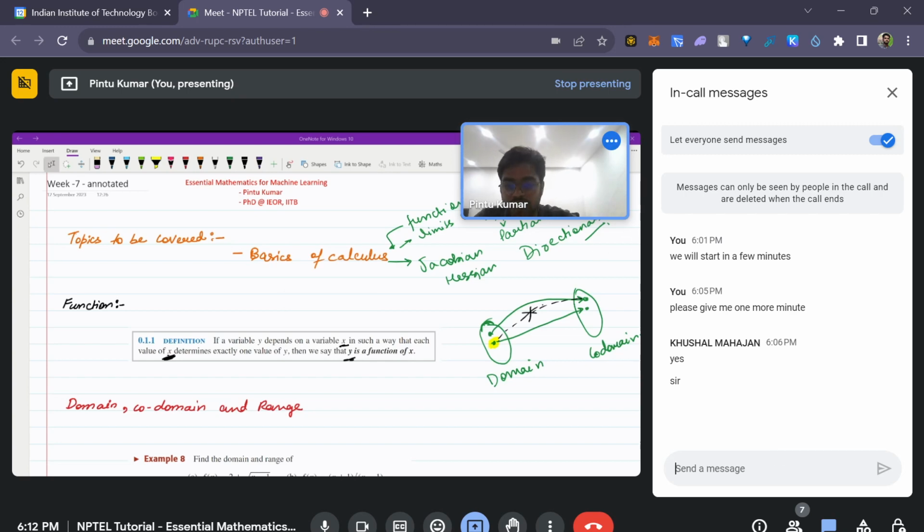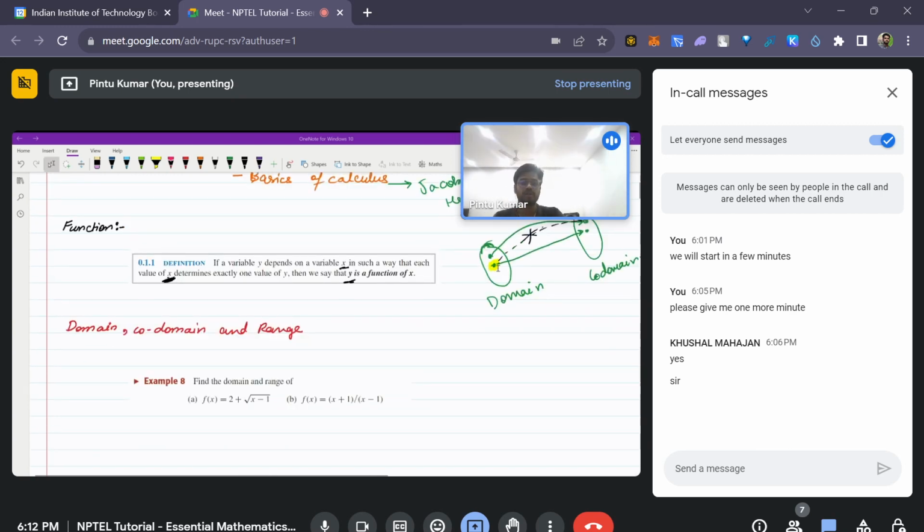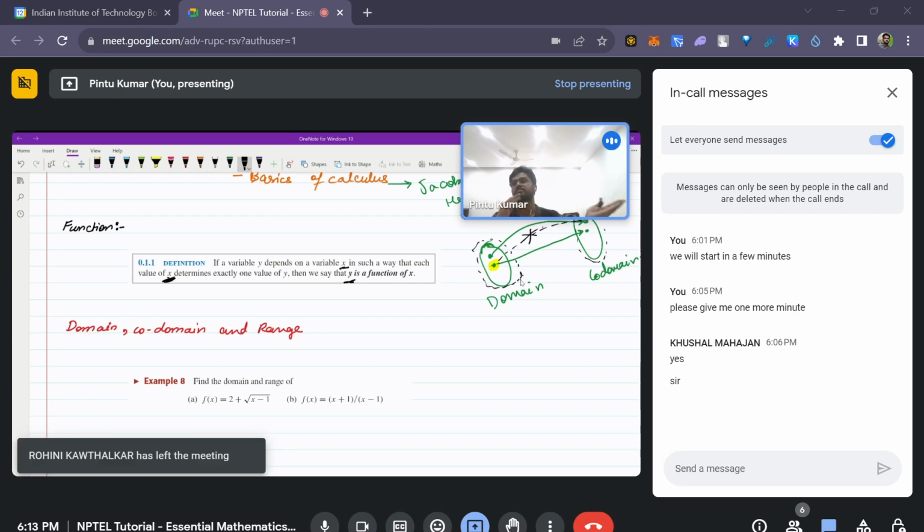While discussing this definition, I already talked about what a domain is. The domain is the set of points which are being mapped, the left hand side, and the codomain is the set into which they are getting mapped.